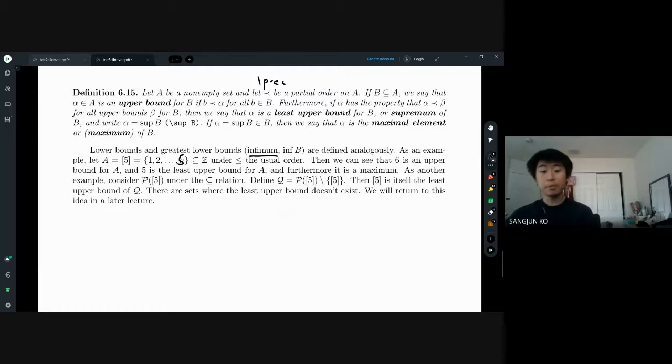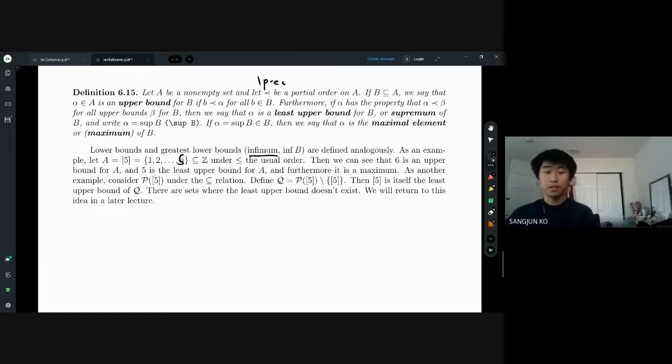So 6 is an upper bound for A because 6 is greater than or equal to everything in this set, but it's not the least upper bound. 5 is the least upper bound for A, and so 5 is in here, and it is a maximum of A.